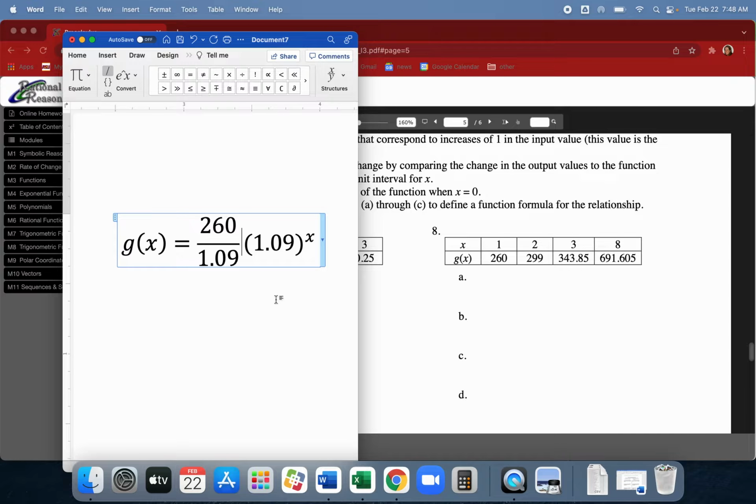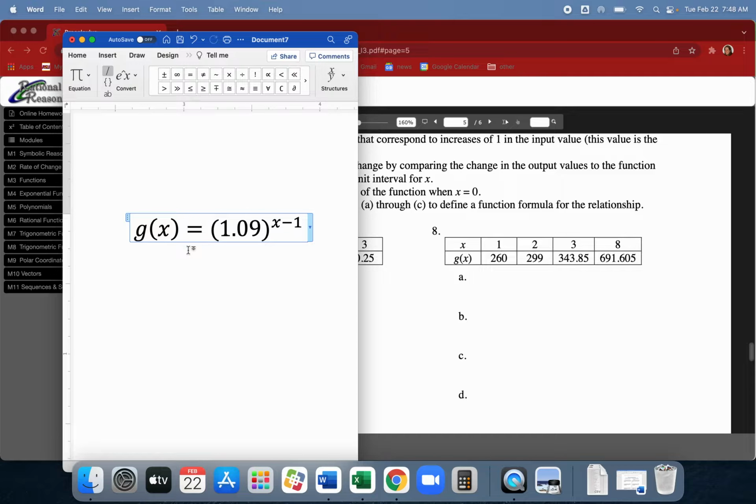This expression right here is the same as, well, if I had an x power and a -1 power, I can combine those like this. Well, 260. There. That's the same as 260 divided by 1.09 and times 1.09 to the x.